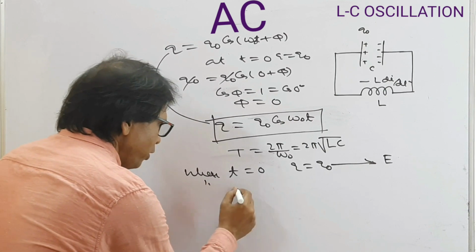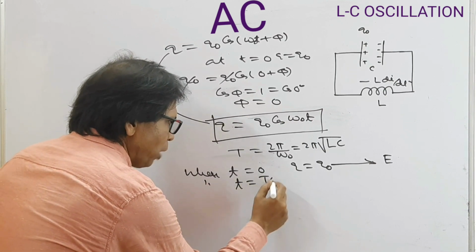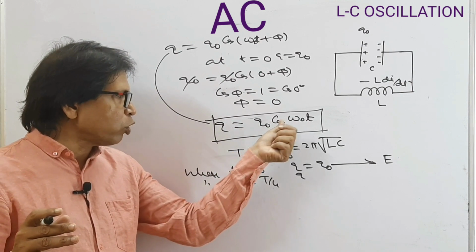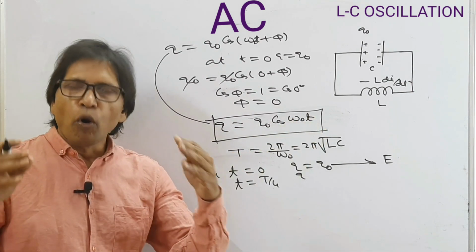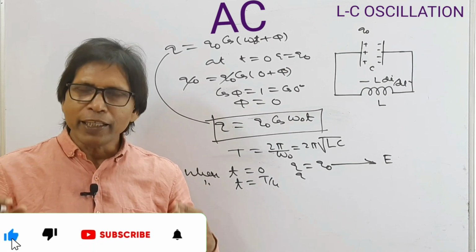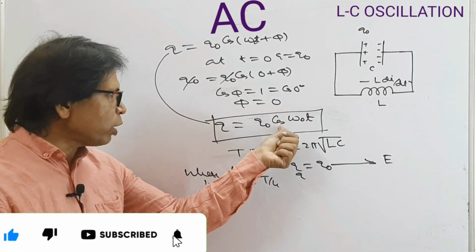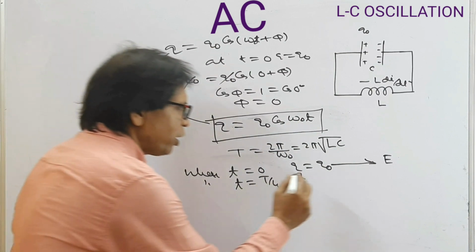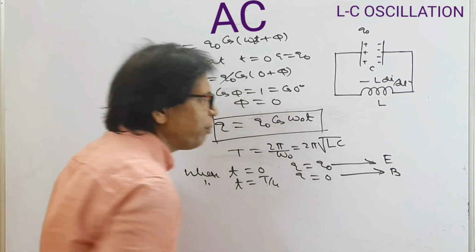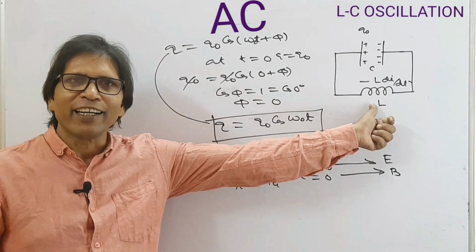Now when t equals T by 4, Q naught cos omega naught T by 4, omega naught T equals 2 pi. So 2 pi by 4, that is pi by 2. So cos pi by 2 is 0. So Q equals 0. Therefore the total energy is magnetic in the inductor.